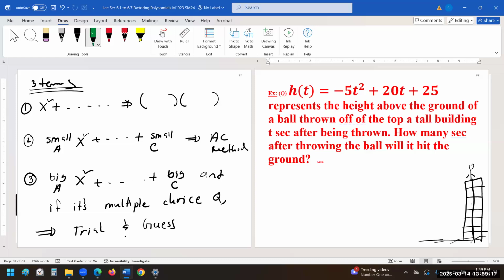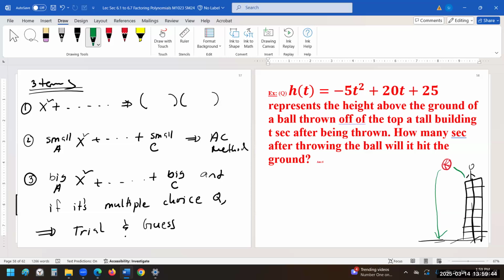So when he throws his ball, the ball goes up to some height, and then it comes down eventually on the ground. This is the reality, right? Anytime you throw something, it goes up, it goes down. So this is the scenario.